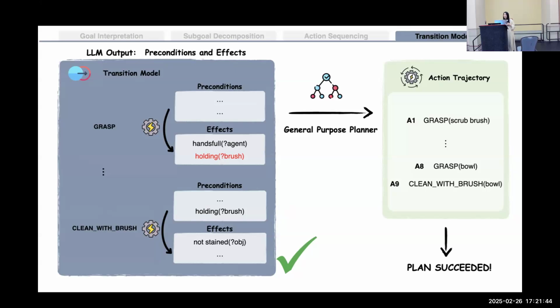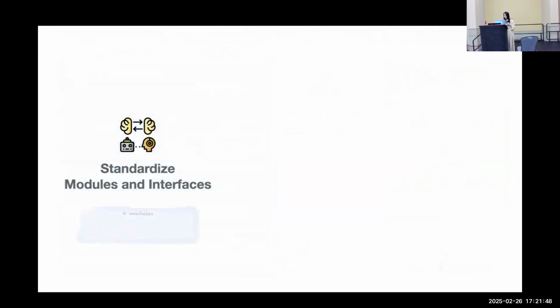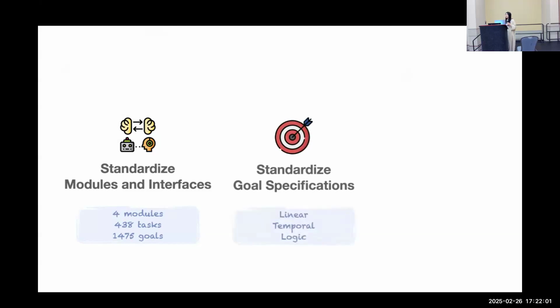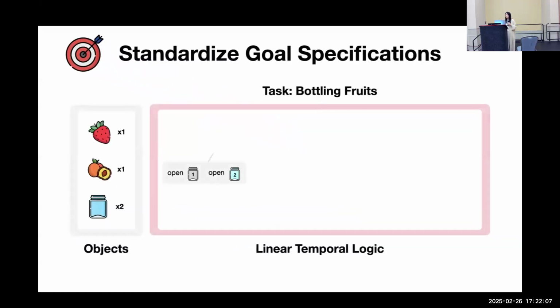So this is how the actions are connected through preconditions and post effects. With all this definition, we can standardize the modules and the interface to interact with any large language models and any environment. And then we're trying to see whether we could support the most important thing, the alternative solutions of the goals for the embodied scenario.